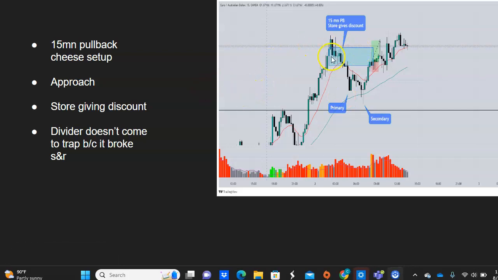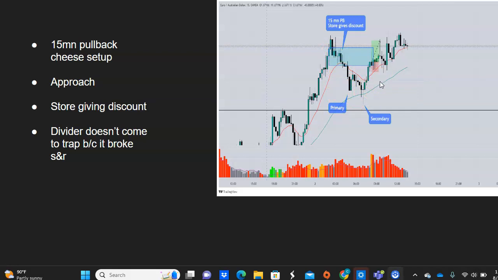So we're going to take a look at the approach, and we're going to take the store and buyers aspect, which is we have this uptrend, which indicates there's demand in this. And the moment that buyers stop buying is the moment that the store gives a discount so that it can find buyers once again.